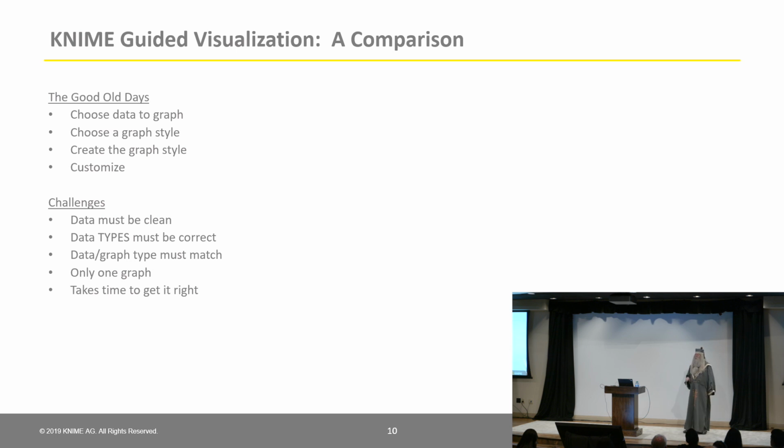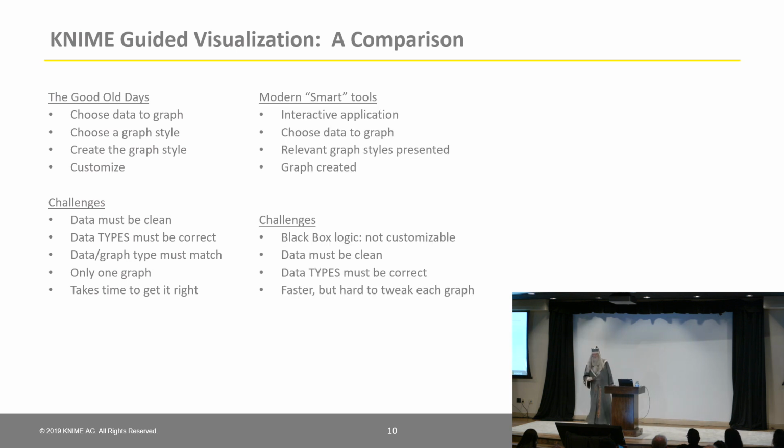In the beginning, there were no graphics. In the good old days, and believe me, I am old enough to know about the good old days, you had to choose your own data, you choose your own graph, you did everything by hand. You had to do your own cleaning, you had to do your own preparation, you had to make sure everything was correct. Now, there have been some business intelligence tools out there that have tried to help us out a little bit.